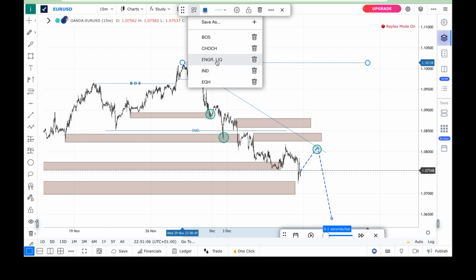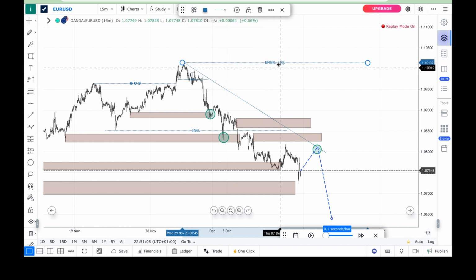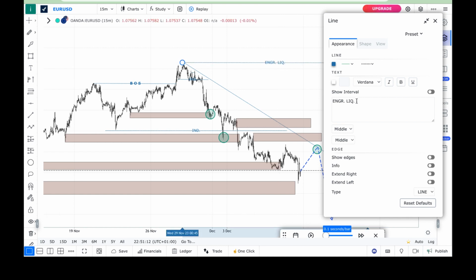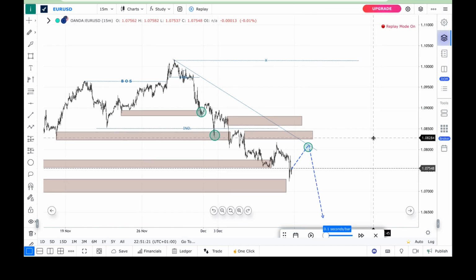There is a liquidity, not engineered liquidity. It's not engineered, just normal liquidity. So if you had gotten the concept of liquidity, you should know that the market already grabbed enough external liquidity.